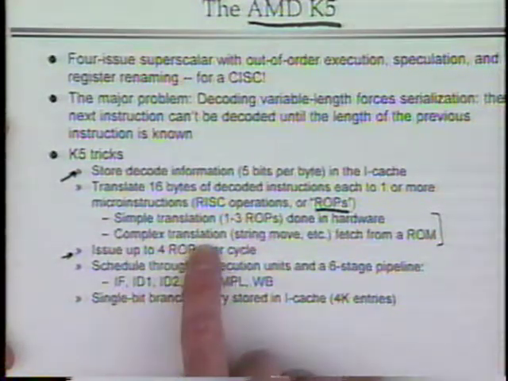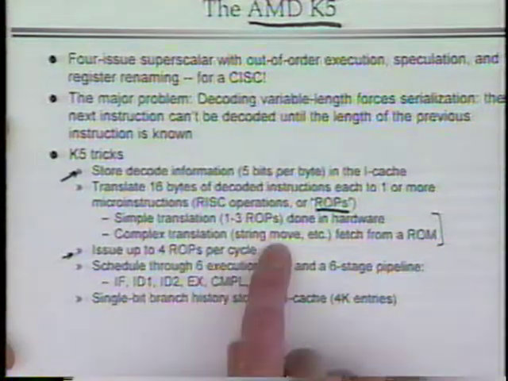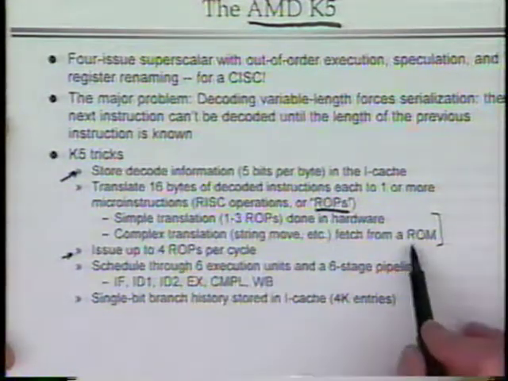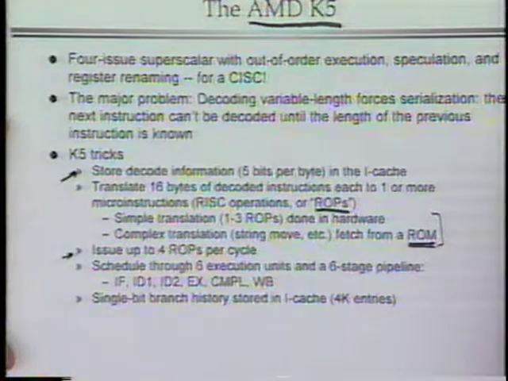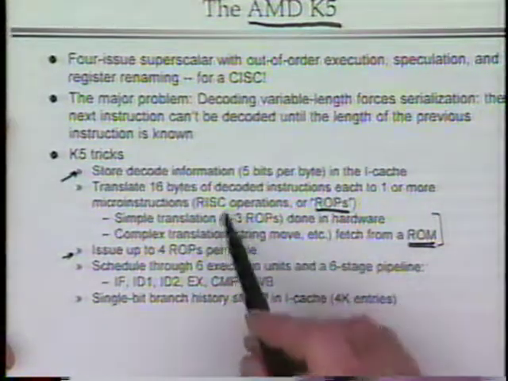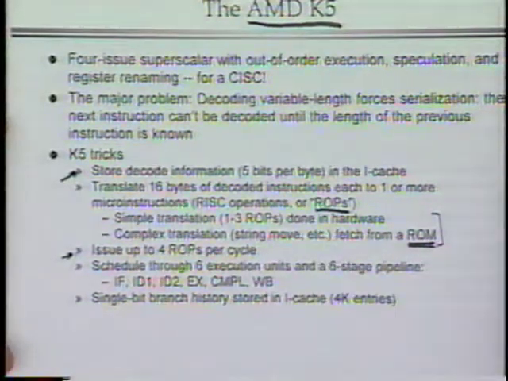If it's a more complex instruction, like one of the string moves, then in fact they have a microprogrammed ROM out of which they fetch a sequence of these ROPs and treat it just like a conventional, old-fashioned styled microprogrammed computer.